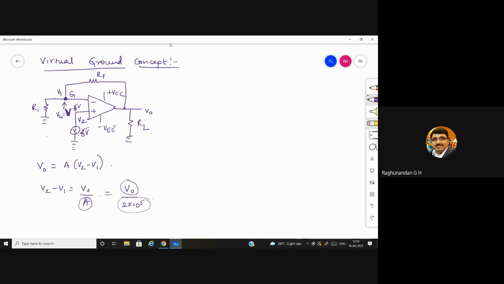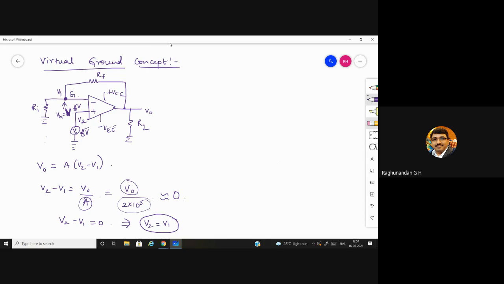That means the numerator is very, very small compared to the denominator. Right? So can I take this as almost 0 now? Because it is 1 by infinity, almost equal to 1 by infinity. 1 by infinity is what? 0. So V2 minus V1 is equal to 0. This implies V2 is equal to V1.